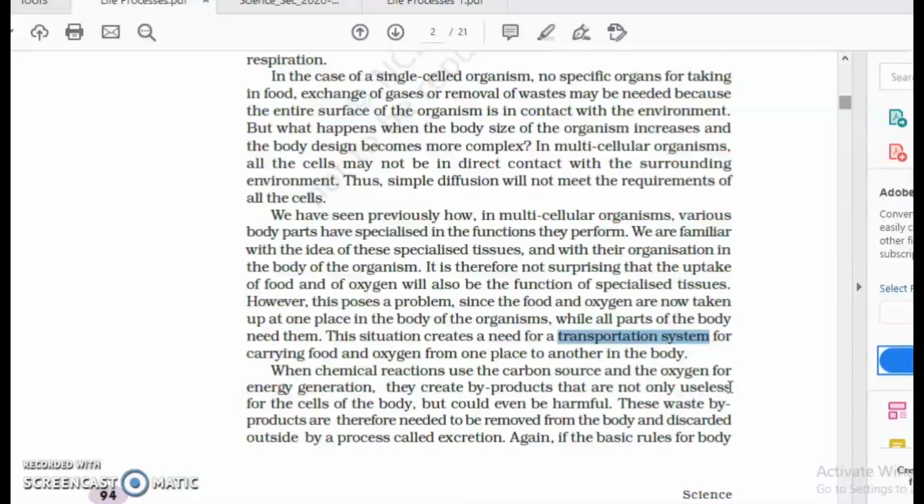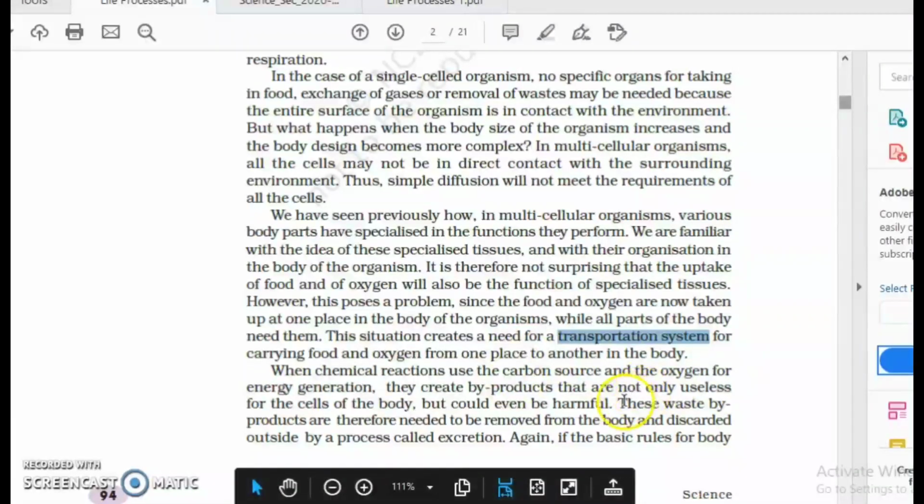Later on, you'll find out that these are the nitrogenous waste products. They can be of different categories and types, which are very harmful. They are toxic, they are poisonous, they need to be eliminated. They need to be removed from the cell or the cells. So the life process which helps in the removal of waste products is called excretion.